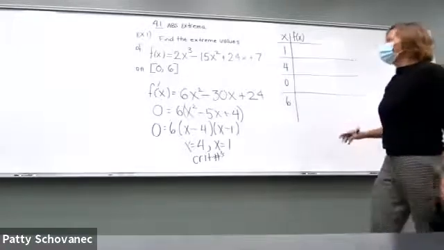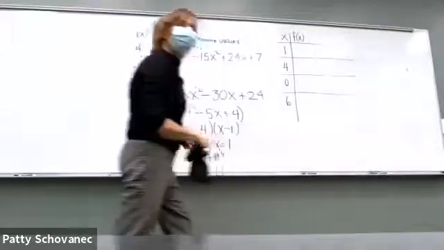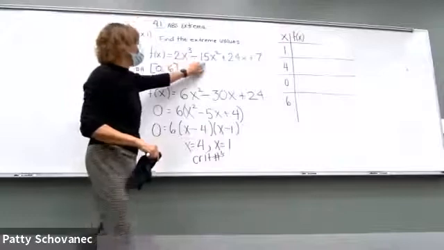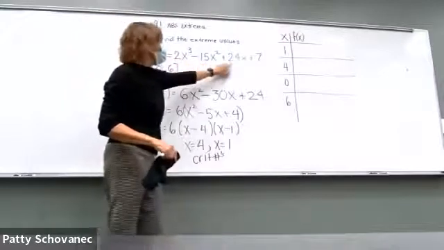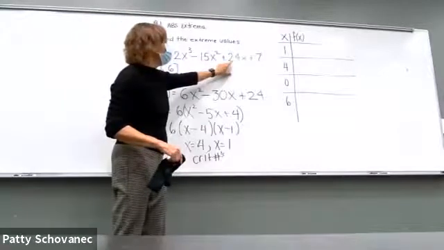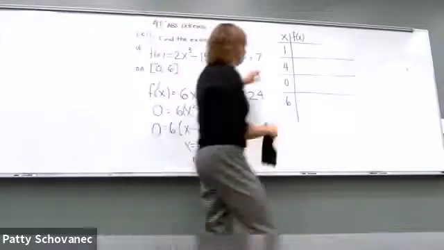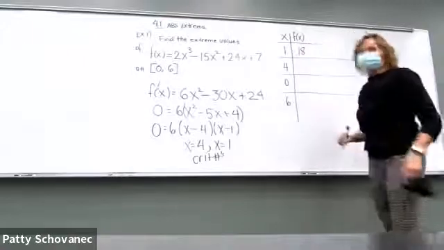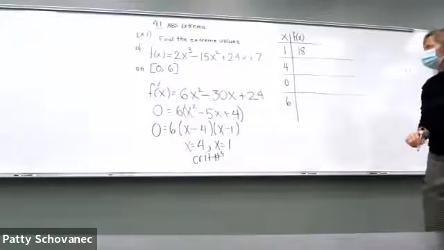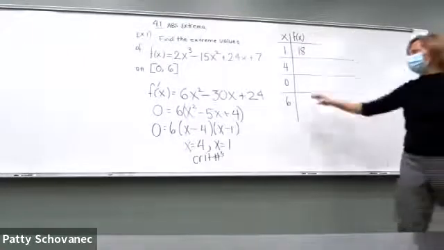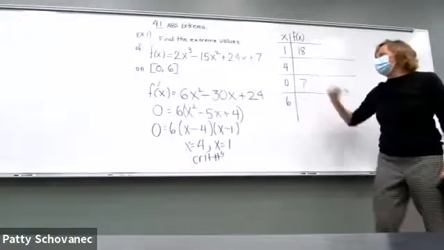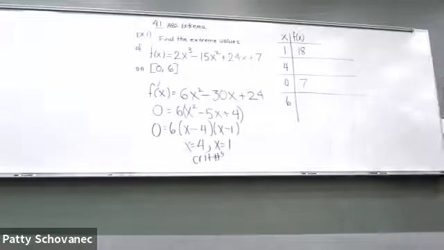So let's see, when I put a 1 in, 1 to any power is 1, so I can just add the coefficients. 2 minus 15 is -13. -13 plus 24 is 11. 11 plus 7 is 18. Going for partial credit, I'm going to plug in a 0. I get 7. Now we got the dirty numbers.